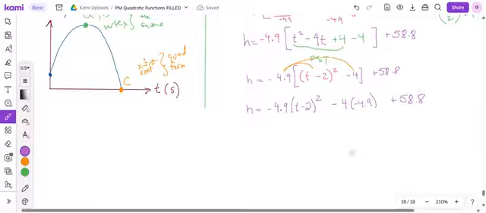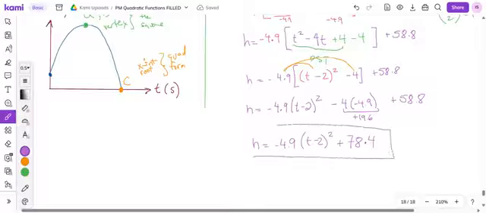And 4.9 times 4, I actually know the answer. It's 19.6. All right, this is plus squared. So 19.6 plus 58.8 is 78.4.